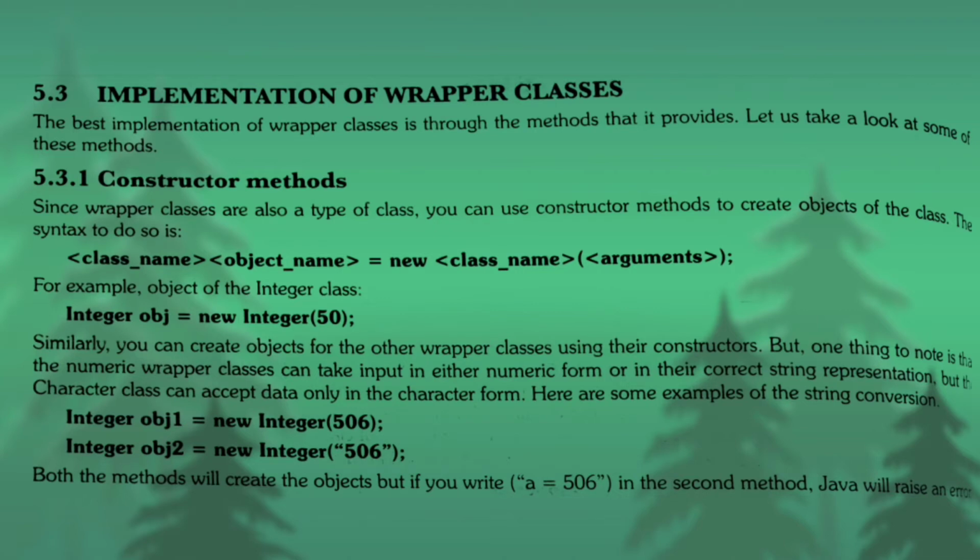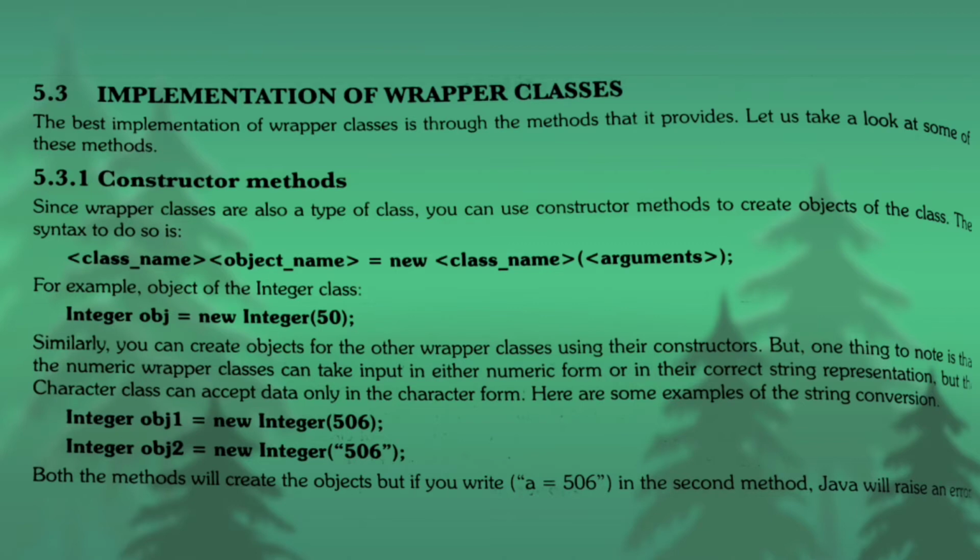For example, Integer obj = new Integer(50). So this is an object of the Integer class which has the value 50. The name of the object is obj. Similarly, you can create other objects of all the wrapper classes.